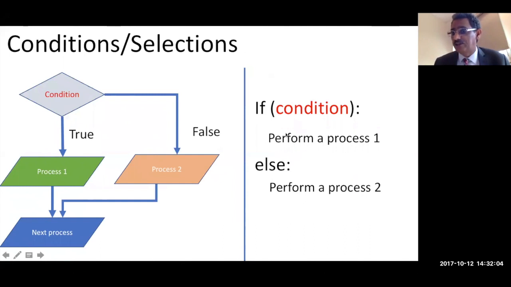And if that condition is not met, there is something called else and you do another process. Now, sometimes if that condition is not met, there is another condition you apply. We'll come to that one and see that example. Okay, so let's move to the next one.